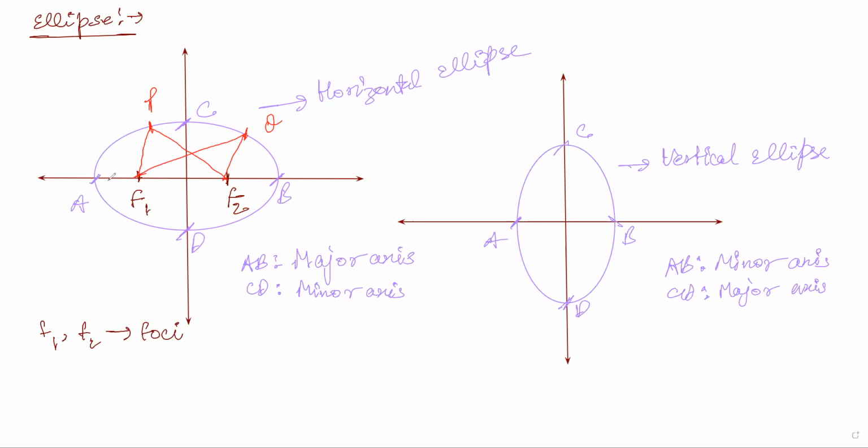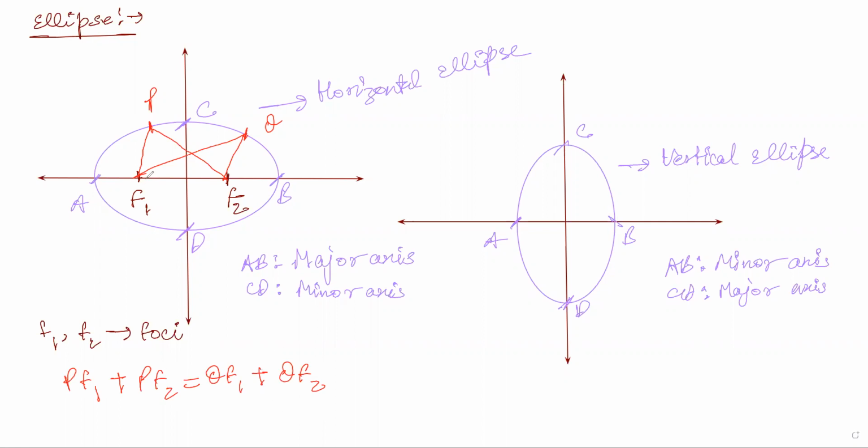So every point which is lying on this ellipse is following this property, that if you find out the sum of distances from that point to the two foci, then that will be equal, which means that PF1 plus PF2 is equal to QF1 plus QF2.